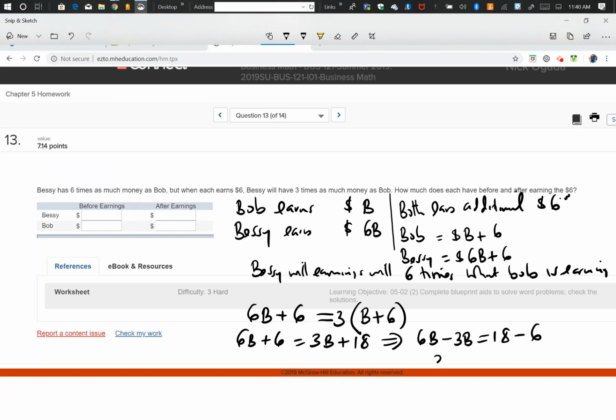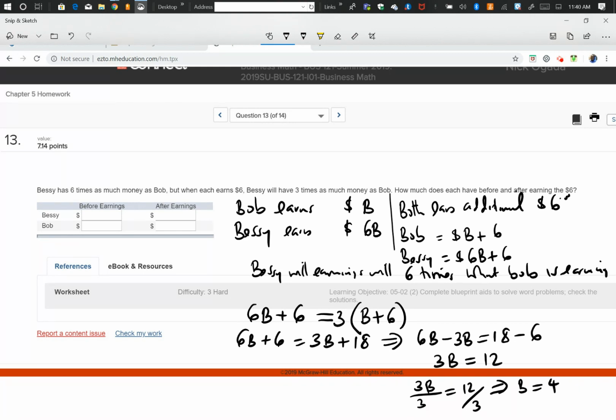In this case, we know that 3B is equal to 12. Now we can find what B is by dividing both sides by 3. So we have 3B divided by 3 equal to 12 divided by 3. This is the same as saying that B is equivalent to 4.